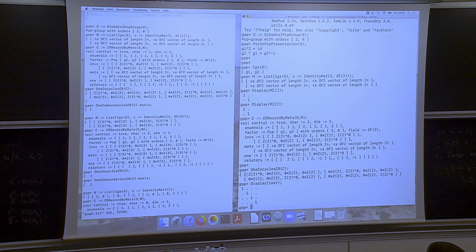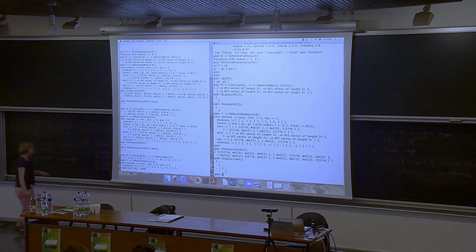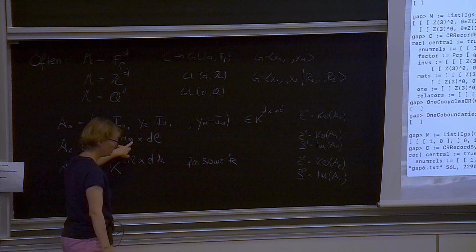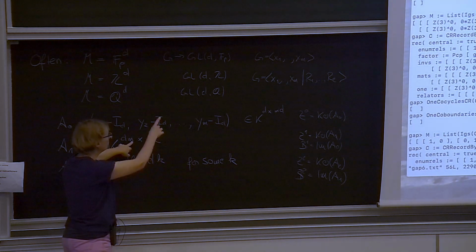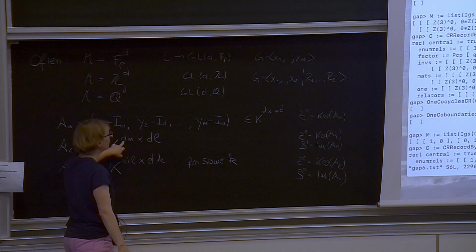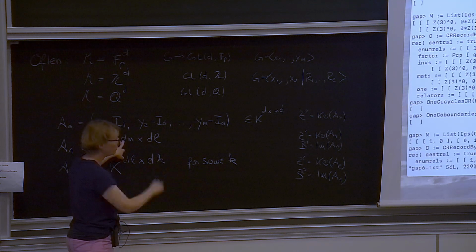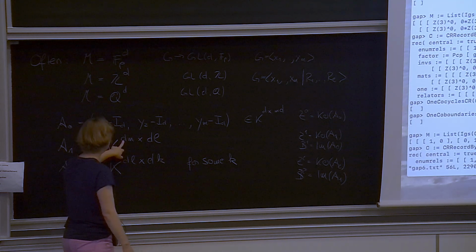This is one cocycle, so it's going to be the kernel of A1. The kernel of A1 has to be of dimension d times m. M is the number of generators of your group, it's 2. D is the dimension of the module, it's 2, so it has to be 2 times 2, so 4. Yes, so it's a 4-dimensional space, that's fine.